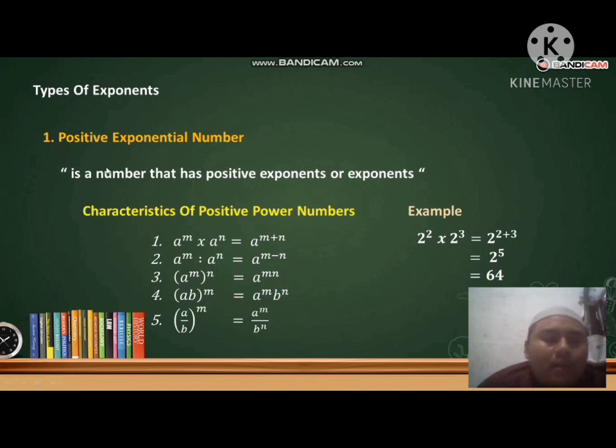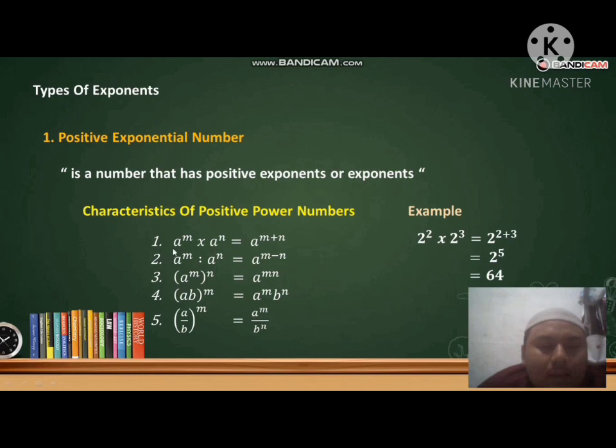Okay, number 1, positive exponential numbers. What are positive exponential numbers? Positive exponential numbers are numbers that have positive exponents. Okay friends, remember the characteristics of positive power numbers.